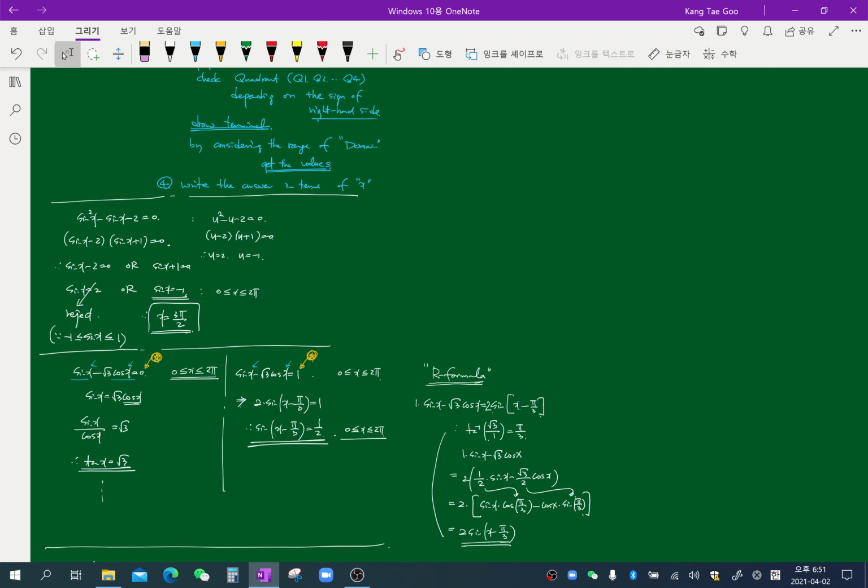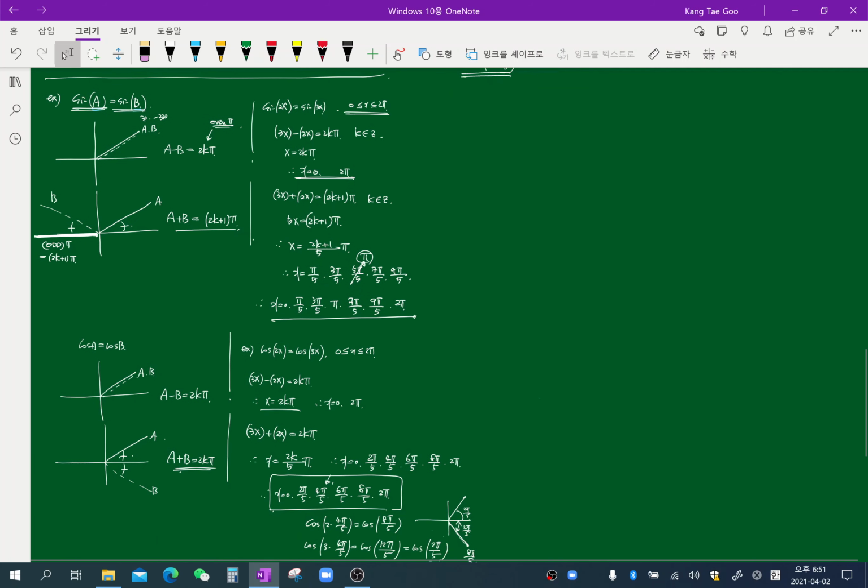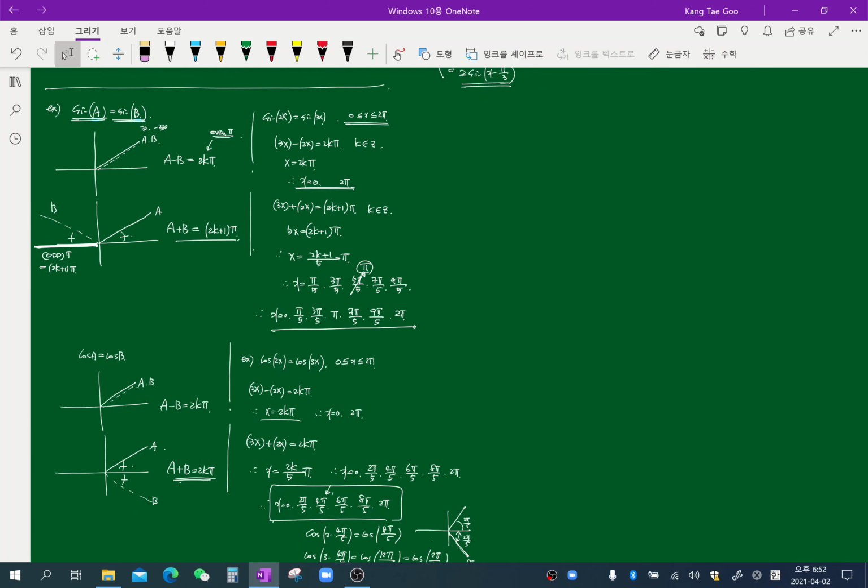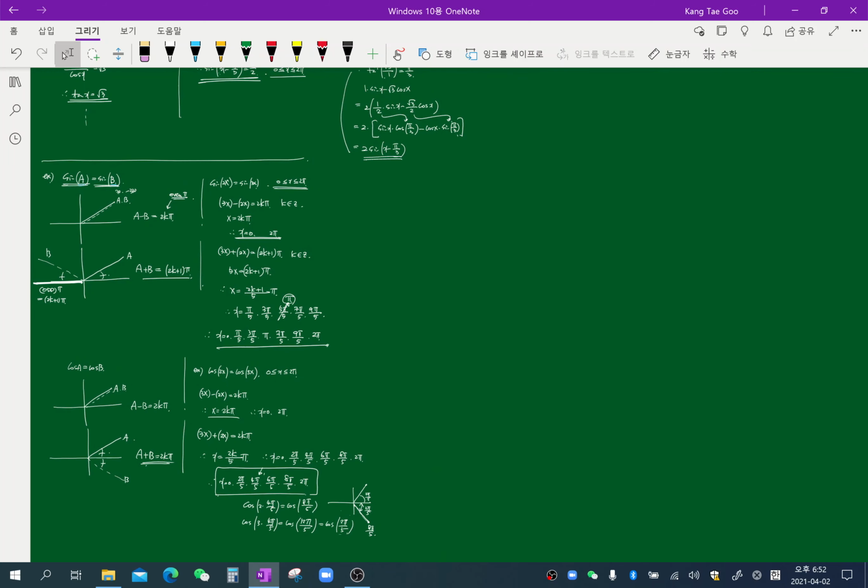If the inside of sine x and cosine x must be the same, then we can apply the R formula to merge those two into one sine function or a single cosine function. The last thing is if the inside values of sine and cosine are different, then how? We must rewrite this as sine goes to be sine and cosine goes to be cosine, those kinds of forms, and then you can apply those concepts to solve that case, right?